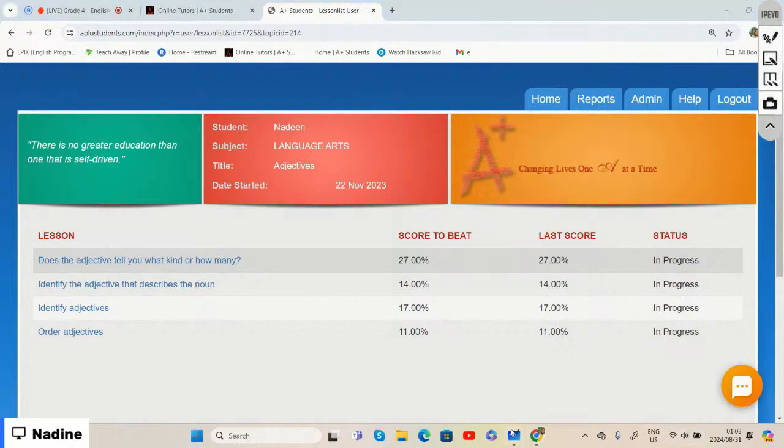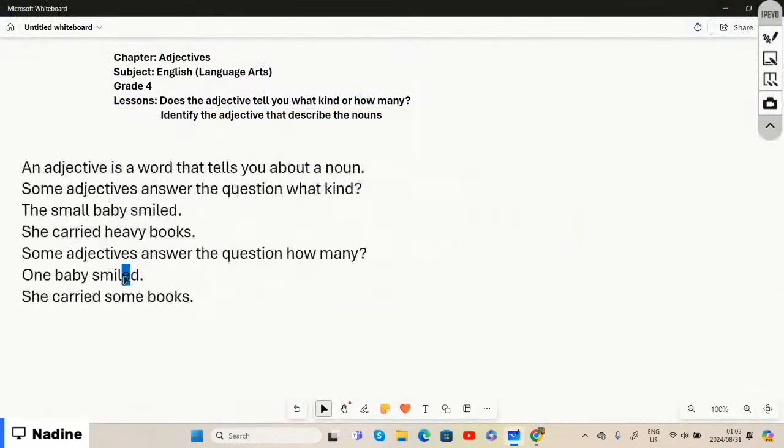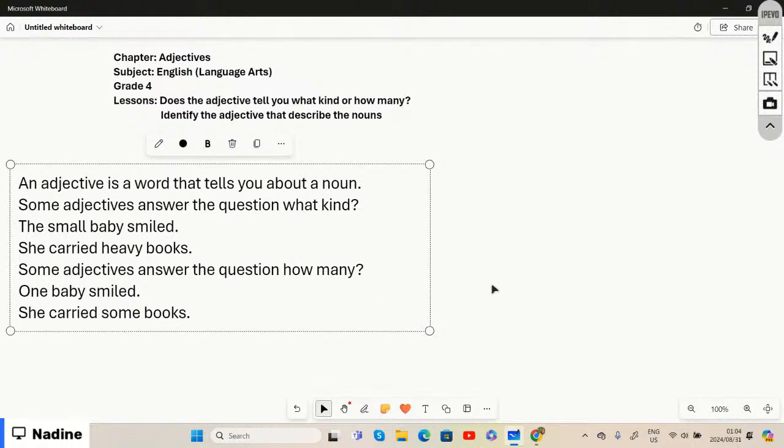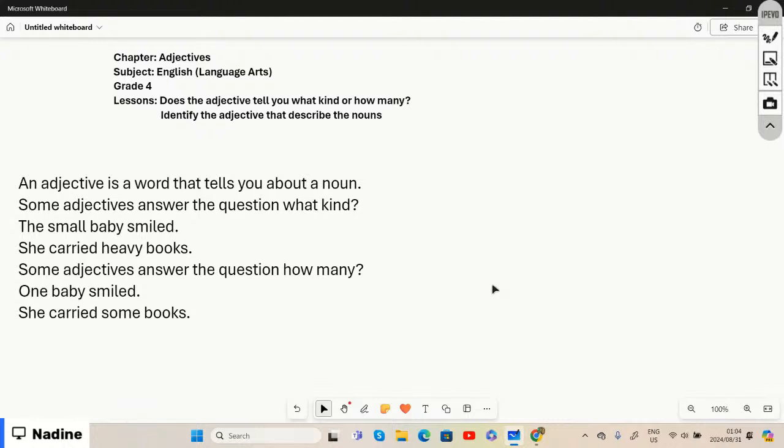So our chapter is adjectives. Our subject is English language arts. We are doing grade 4, and the lessons that we are going to be focusing on are under the chapter of adjectives.